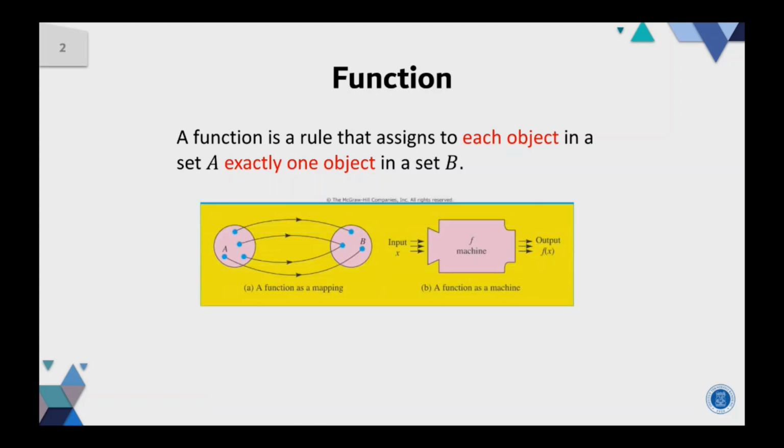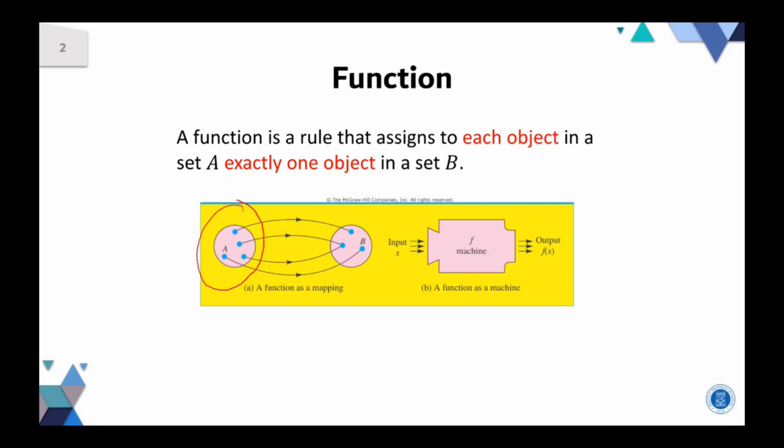You can see there are two illustrations there. The first one on the left, we have an illustration in the diagram. Probably you know it as a Venn diagram. Usually we use the term Venn diagram for this kind of diagram. You can see here all the elements in the set A are assigned.